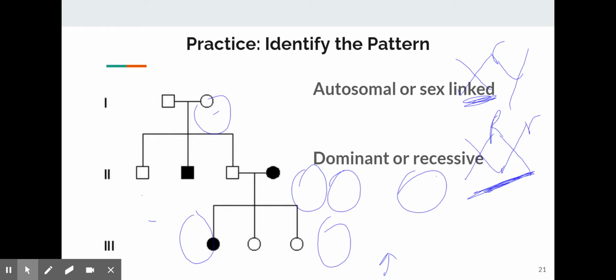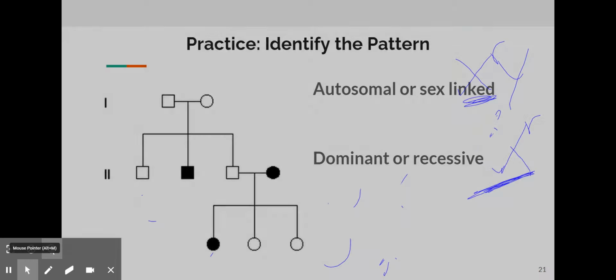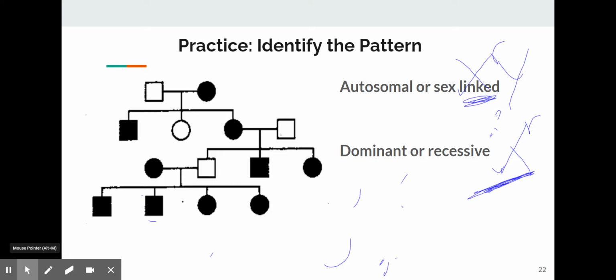All right. So we're going to do a little practice and we'll do these in class. If you want to take a look at them now and try to answer them, then that's great. Here's another one.